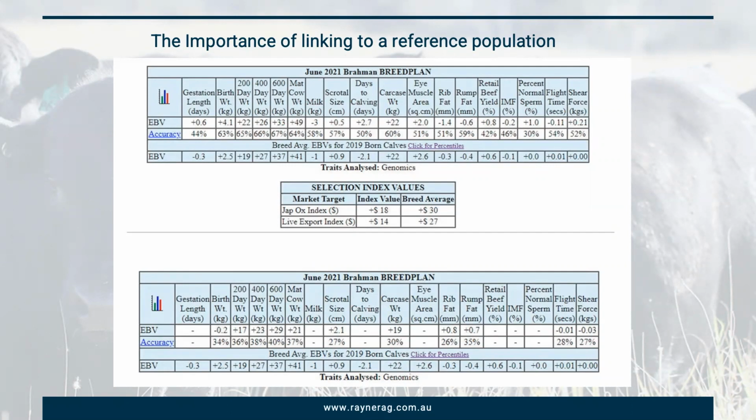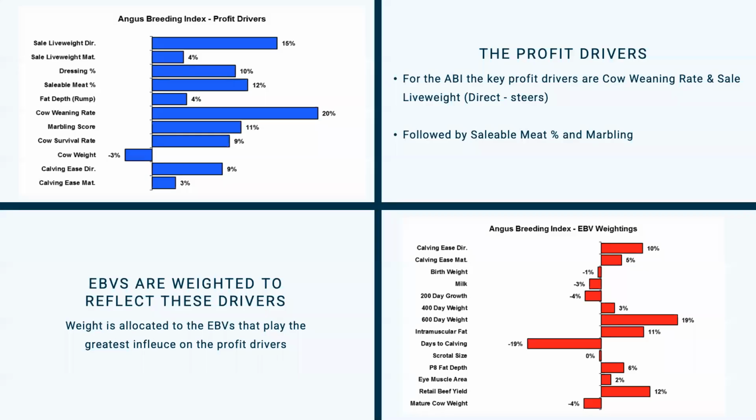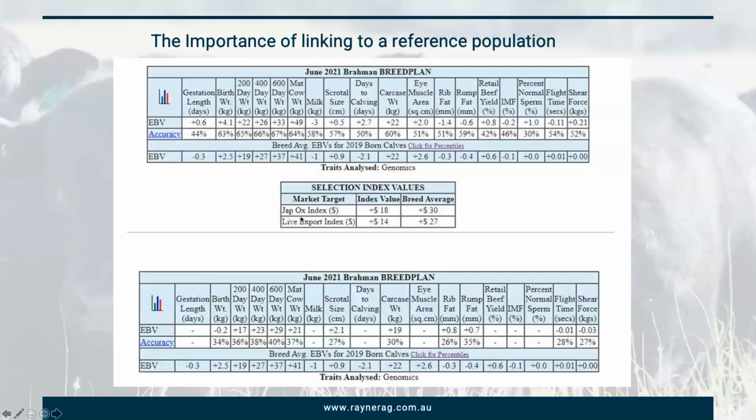So we've got about 10 minutes to go. Where I wanted to finish off is the other part of this, which is this concept about balanced selection and using our EBVs in a practical way. The way that I use my seed stock catalogues and programs is to work through the index values.